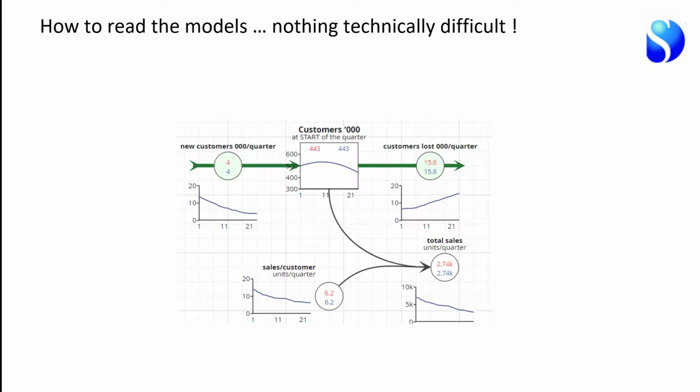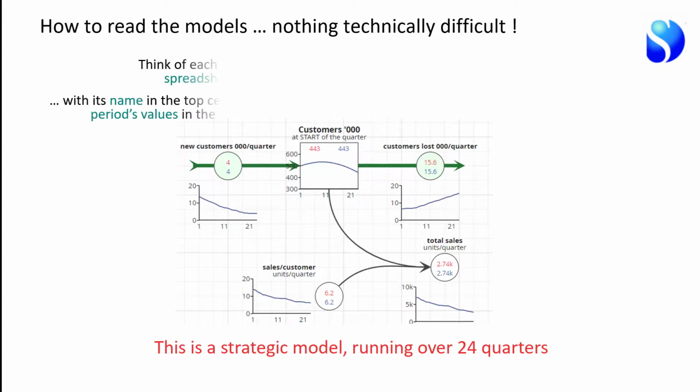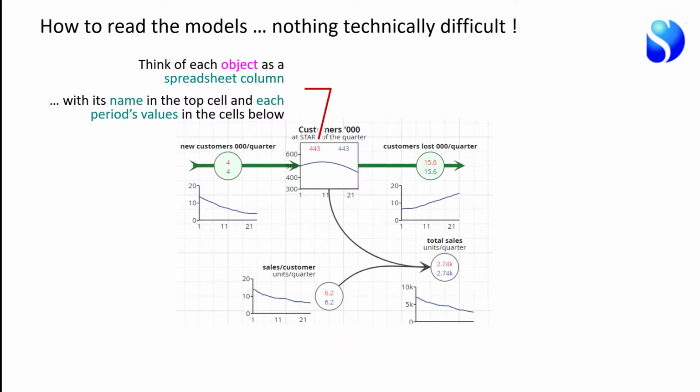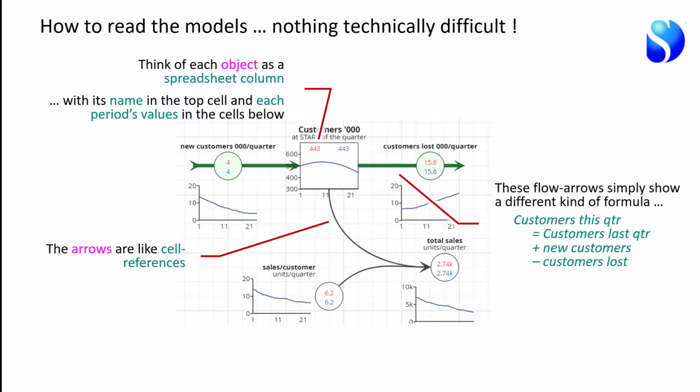Now, something I have to explain to people who are not system dynamics experts is that there's nothing mysterious going on here. Think of each object in this diagram as the equivalent of a spreadsheet column with its name in the top cell and each period's values in the cells below. The arrows are like cell references. Those thick green arrows are also kind of cell references, but it's a different kind of formula.